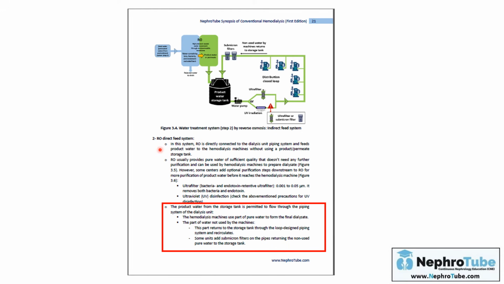Actually, as I mentioned in the past slides, in the RO direct feed system, there is no storage tank. So the words storage tank here are wrong. As I mentioned in the previous slide, in the direct system, the water from the RO goes directly to the machines, and from the machines, the water rejoins the feed water.